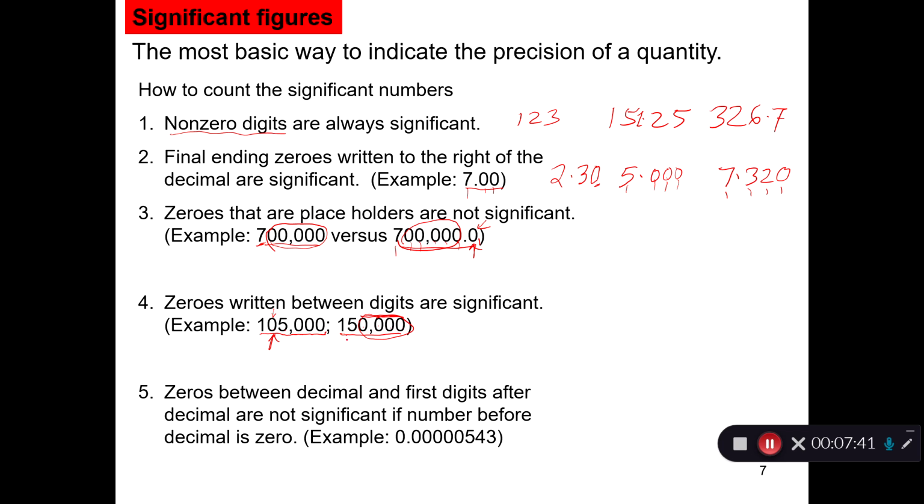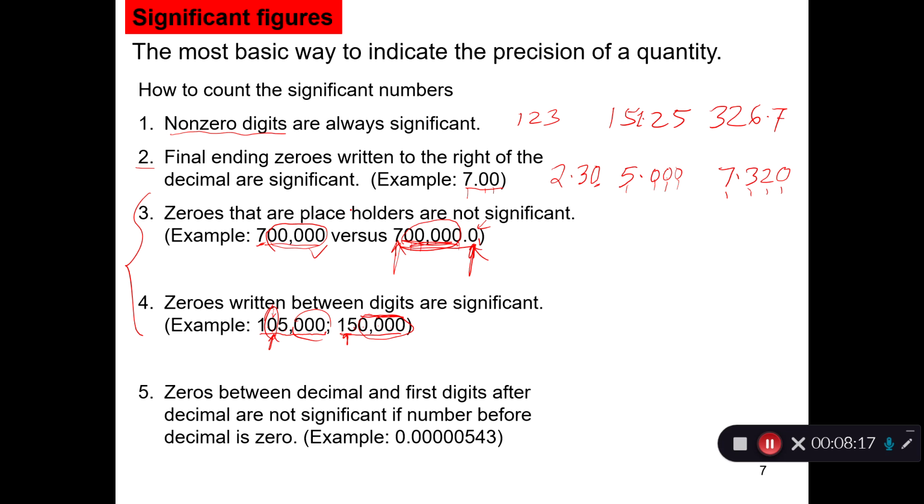So it might have at least two significant figures, 1 and 2. You can see the difference between these two. This 0 is significant and this may not be. Same thing over here. By combining these two rules, we can say any zeros between two significant figures are significant. Let's say this one, 7 is significant and this 0 is significant because of rule number 2. So all the zeros in between these two are significant, but this is a different case.